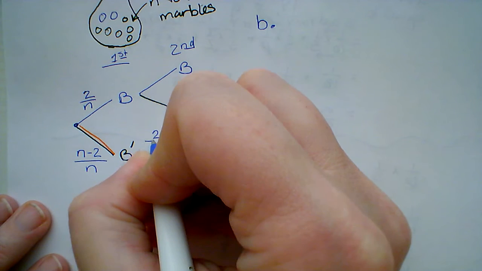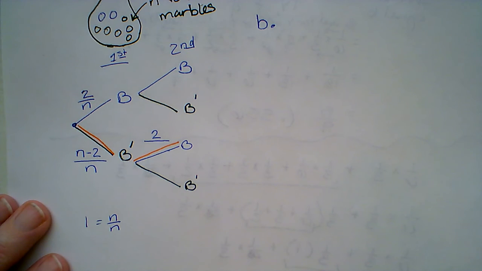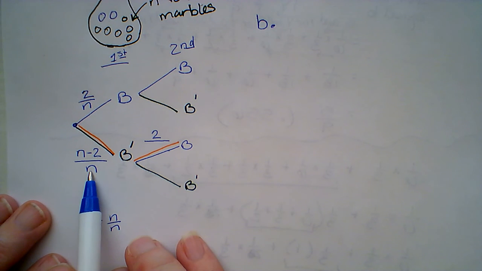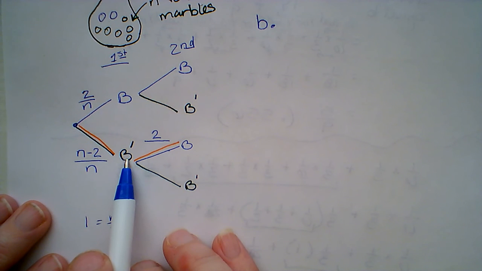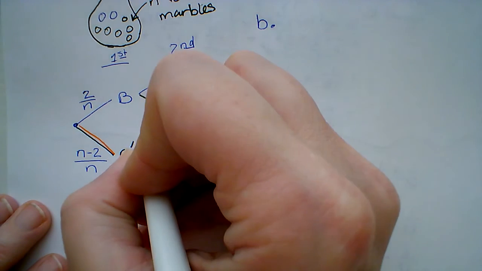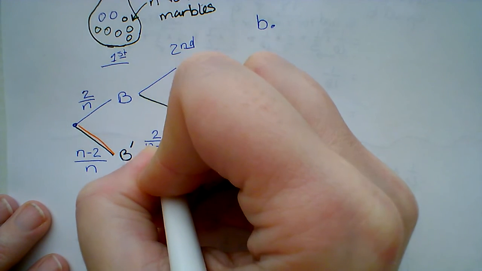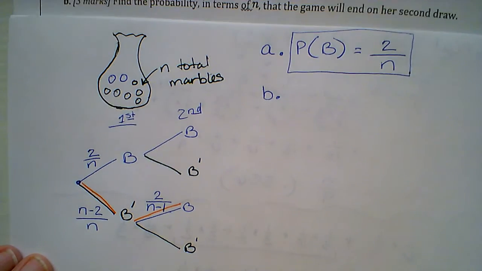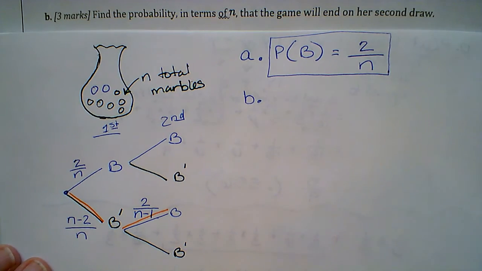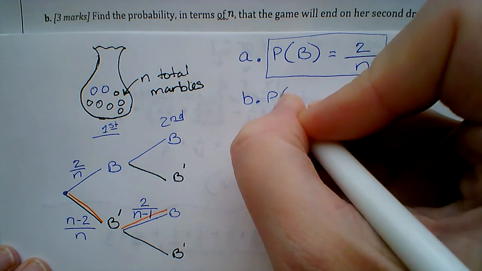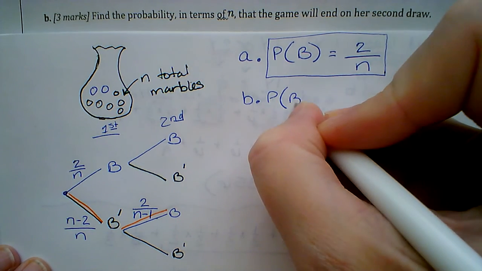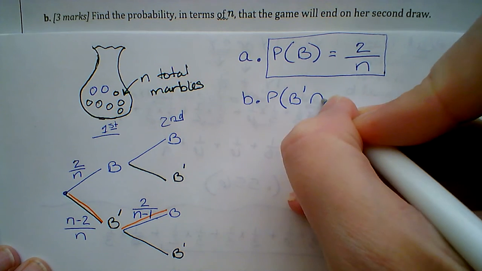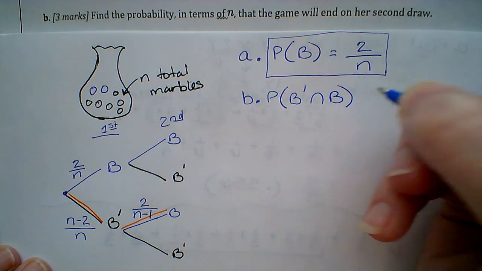Now, how many total marbles do we have? Well, we started out with n, and then Haley took one of them out, so how many are left? n minus the one that she took out. So using this, what's the probability of getting a not blue and a blue?